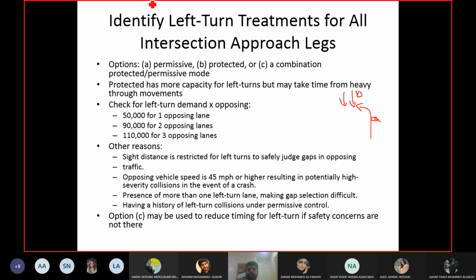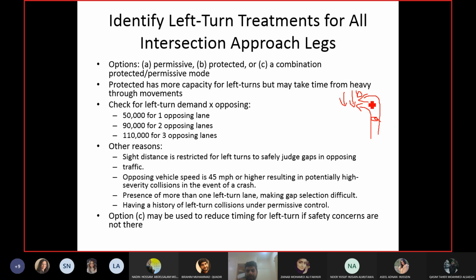If you are providing more than one left turning lane, what will happen? Then the selection of gap will be difficult for the drivers, because, for example, these are two left turning lanes. First of all, the left turn towards the right has a higher turning radius, and this one will have a lower turning radius. Secondly, they can conflict with each other as well.